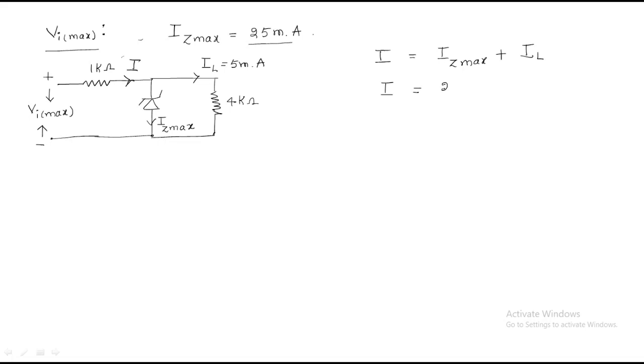He already mentioned the Zener maximum current is 25 milliamps and the load current is 5 milliamps. So the supply current is 30 milliamps. Now we will find out VI max.